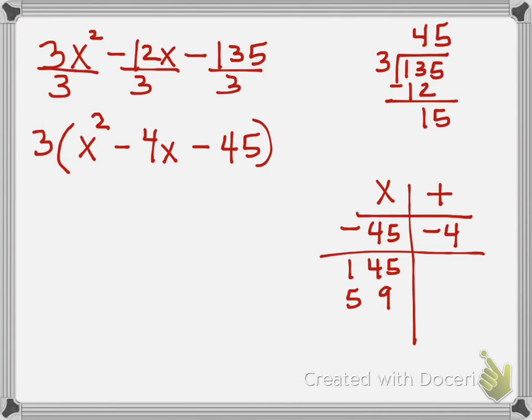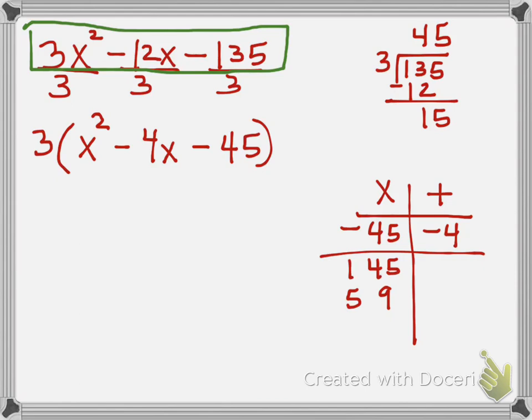Okay, this is the last problem I'm going to do in this video. Sometimes you get a problem like this: 3x squared minus 12x minus 135. You go, whoa, that looks ugly. But you have to remember this. Every time you factor, you should try to see if it has a greatest common factor, or a GCF.